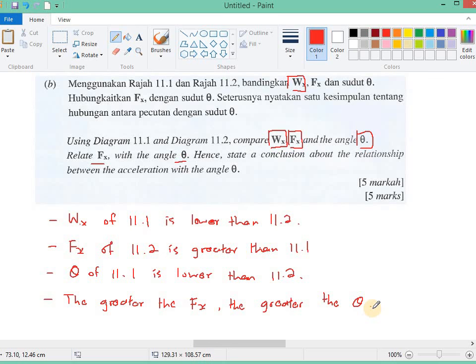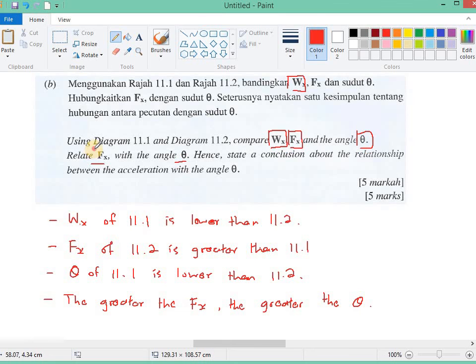If you want to switch, it's also fine. Actually, from the marking scheme, it's not necessarily the manipulated variable first and then the responding variable. The other way also can. The greater the resultant force, Fx is the resultant force.